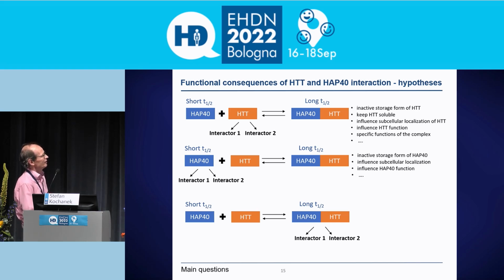On the other hand, the complex might be an inactive form of HAP40, obviously, and the subcellular localization of HAP40 might be influenced by that interaction, and the HAP40 function might also be affected. So it will be very interesting to look more specifically.